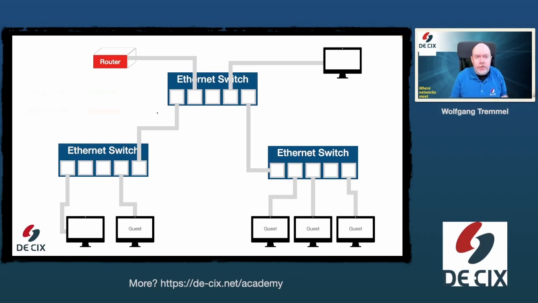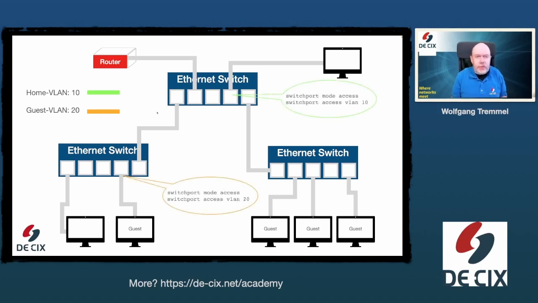Now let's introduce 2 VLANs, a home VLAN and a VLAN for guests. We now need to configure the switches. We need to configure which port on which switch belongs to which VLAN. The end devices do not see that. For them, it's completely invisible.